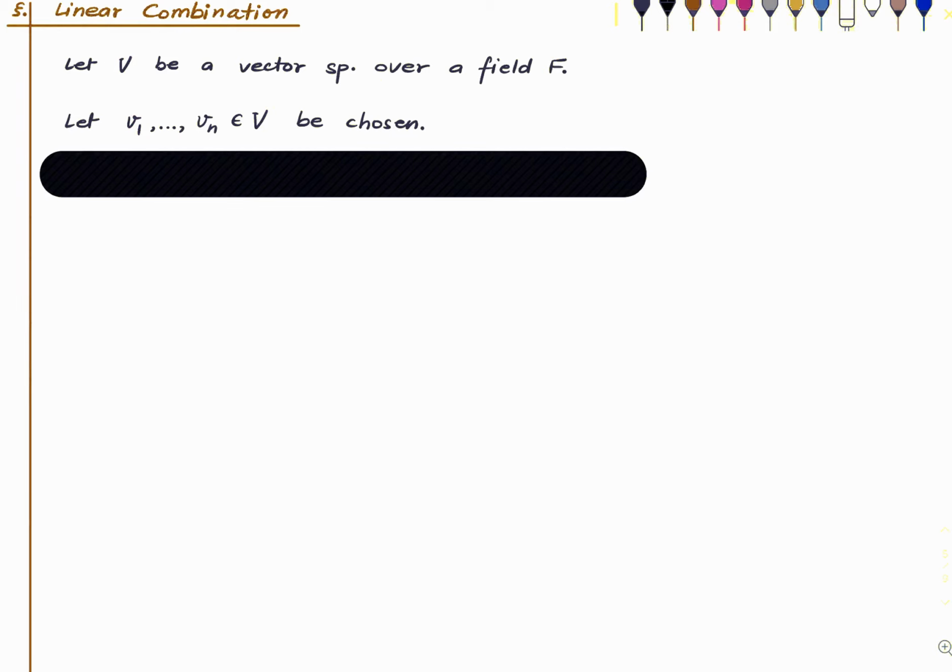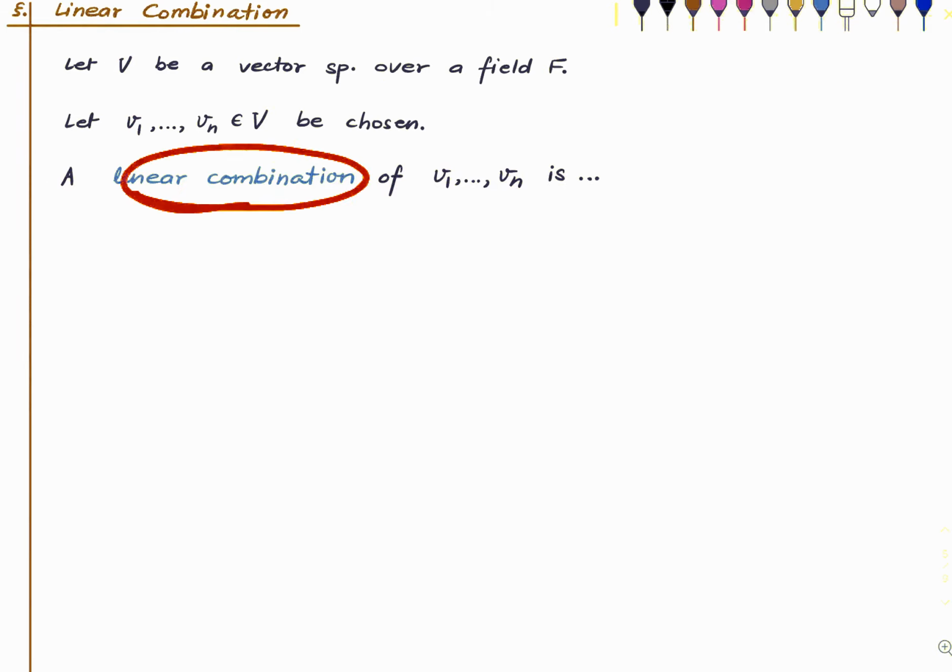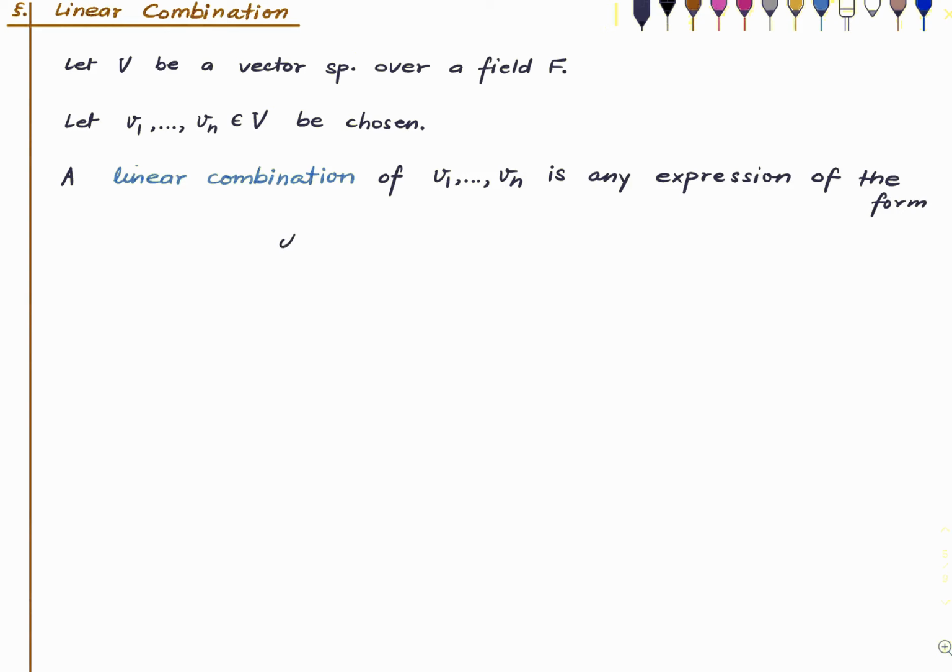Then a linear combination of the chosen ones is defined as any expression of the form alpha 1 V1 plus dot dot dot alpha n Vn, where these alphas are from the base field. So such an expression is called a linear combination.